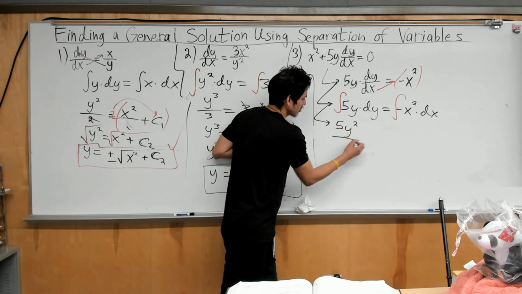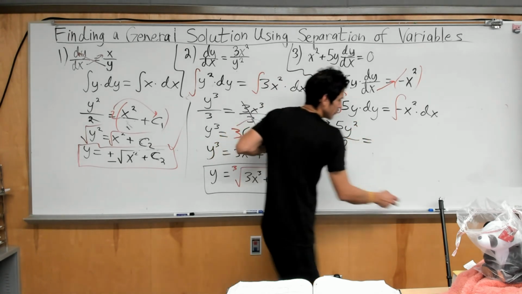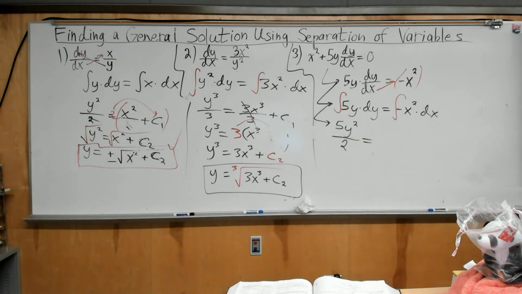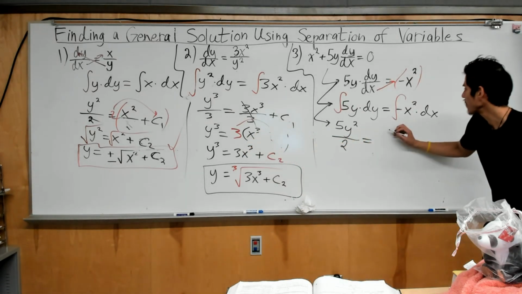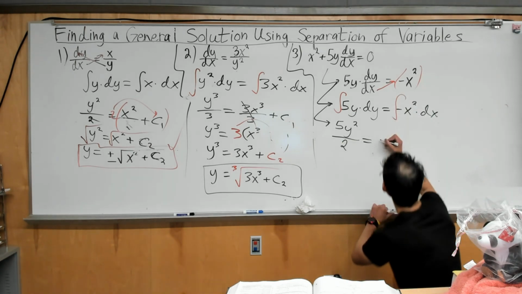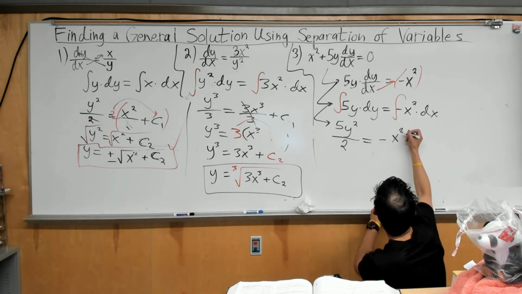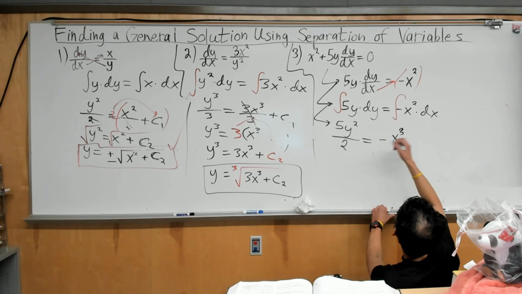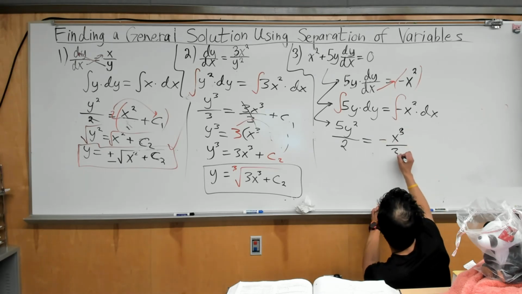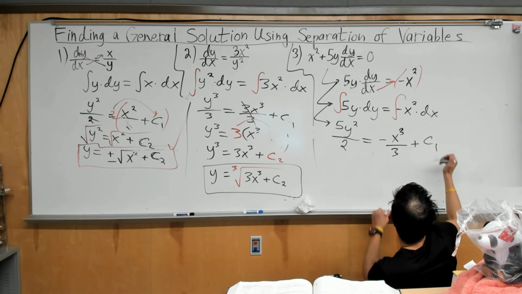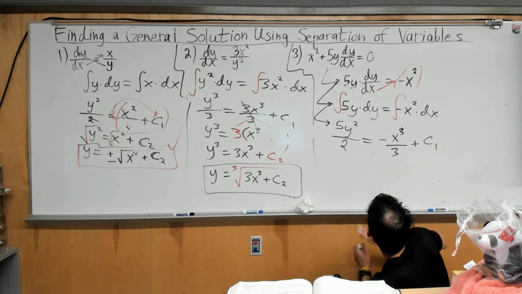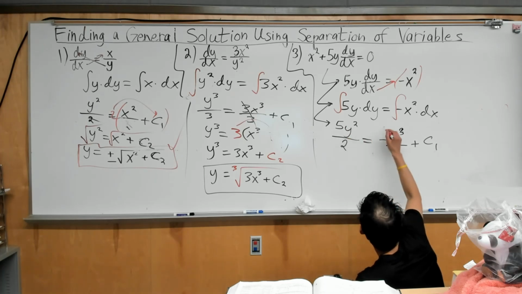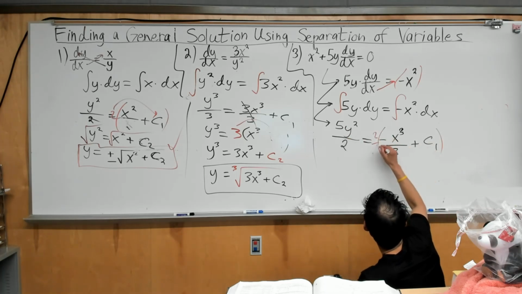We'll get 5y squared over 2 equals negative x squared, negative x cubed over 3 plus some constant c1. Get rid of this 5 halves, so multiply both sides by 2/5.